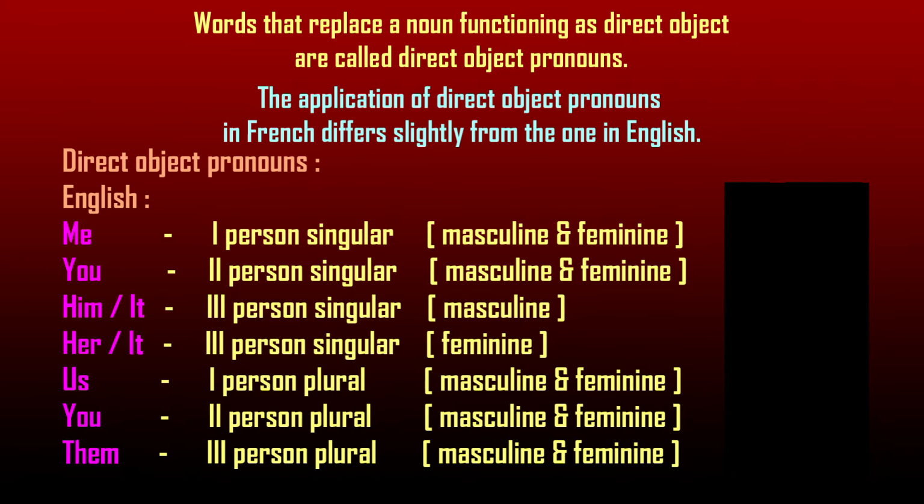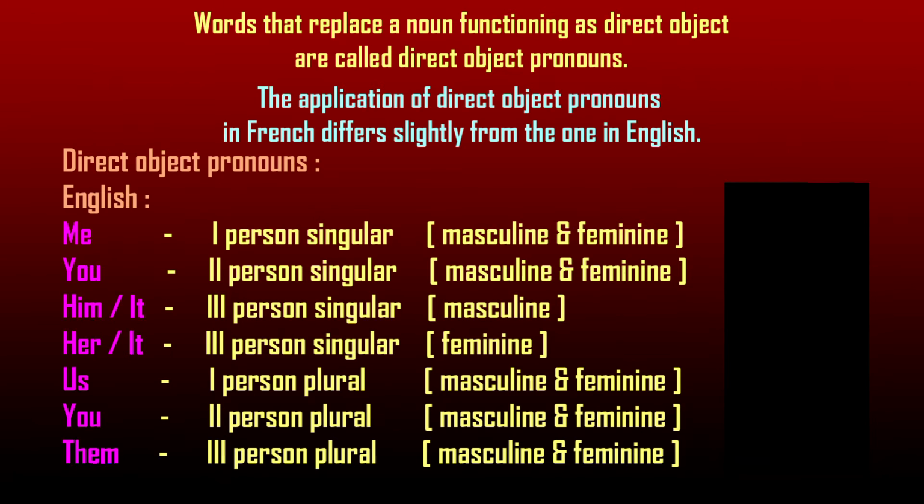We learn here some words that are going to replace a noun in the place of direct object. What are direct object pronouns in English? Me, you, him or it, her or it, us, you, them.